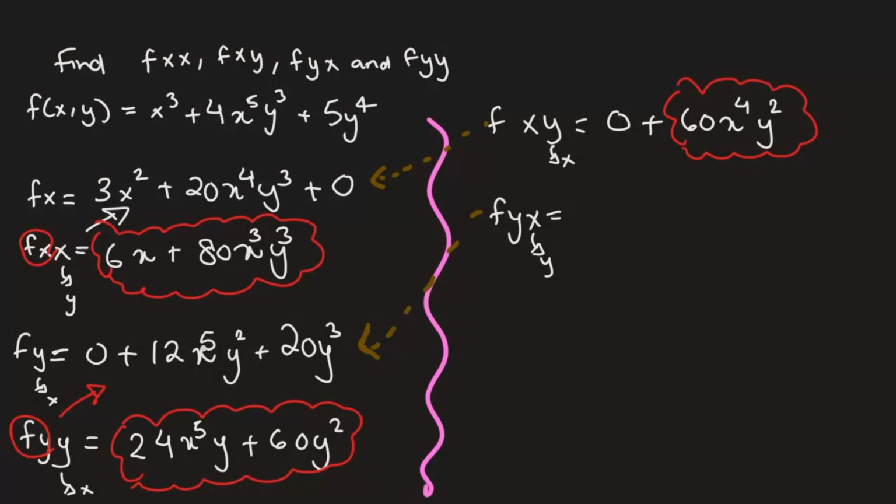So 12 times 5, which is 60 x, and subtract 1 from the 5, so 4, and then y is a constant, so it's going to stay in there, and here y is a constant, so this whole thing is going to go to 0 because the derivative of a constant is 0. So this is our answer to f of y of x.